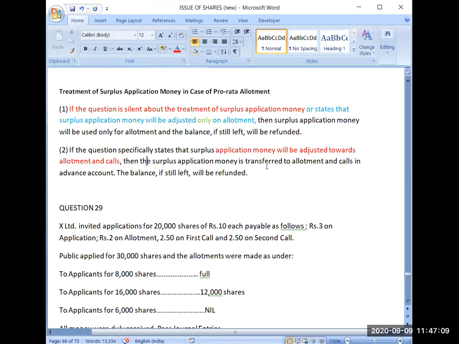But you can use excess application money on calls only and only if the question specifically makes that clear. Otherwise, you can never use it. You have to just refund it after allotment. Means whatever you are required to use on allotment, you can use that. Rest of the amount you will be refunding with the letter of allotment.